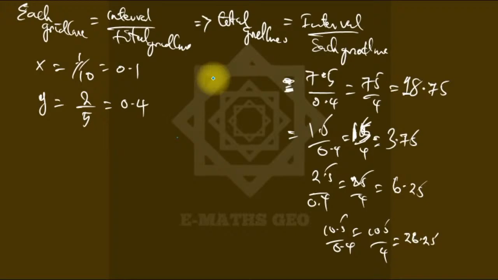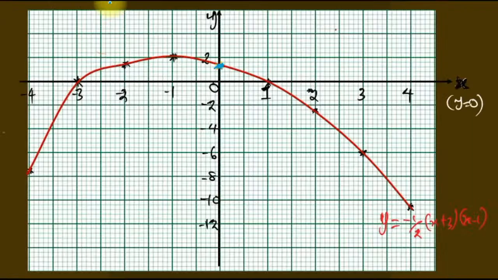When x is -2, y is 0.5. So it should be here.